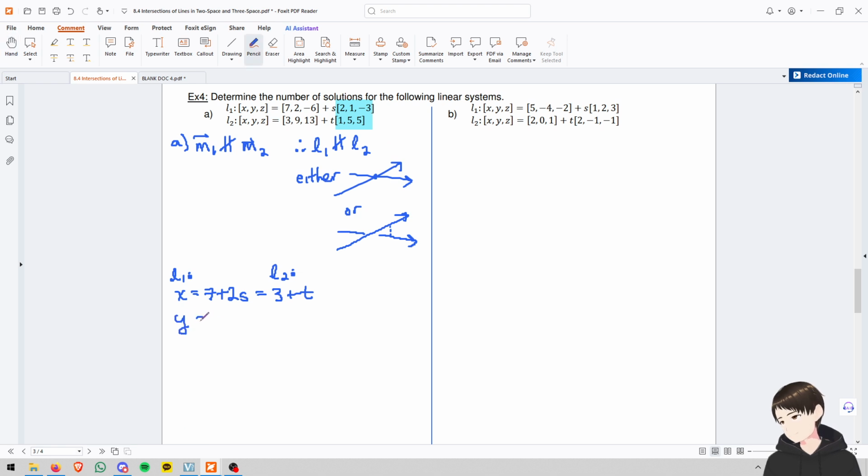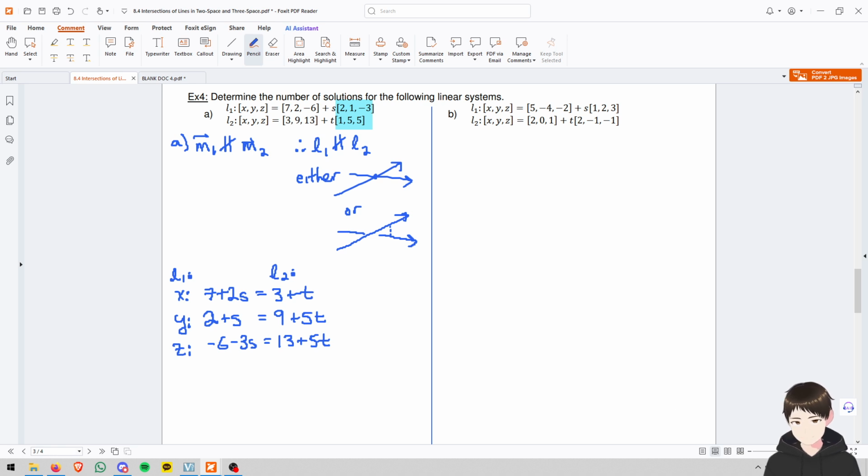For y, line 1 is 2 plus s, but from line 2 it's got to be 9 plus 5t. So there's my second equation. For z, we've got negative 6 minus 3s is equal to 13 plus 5t.